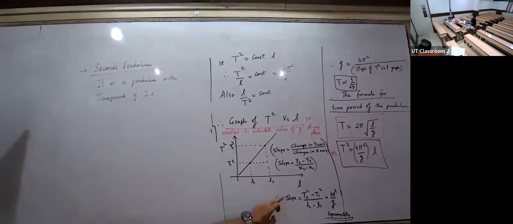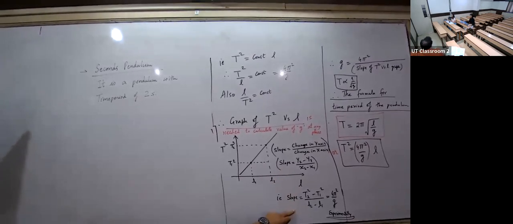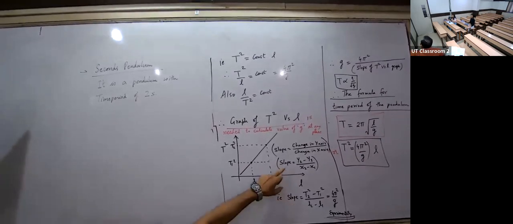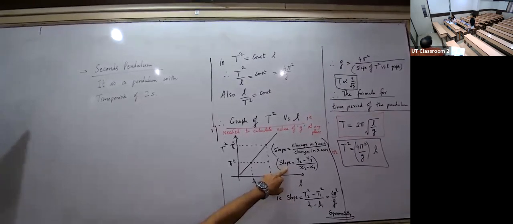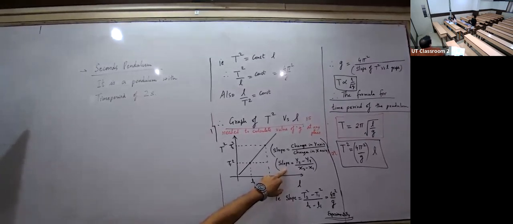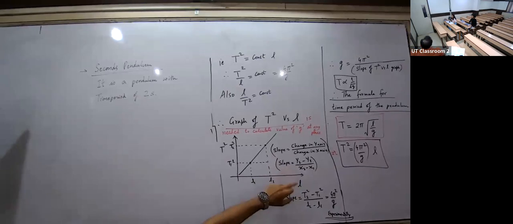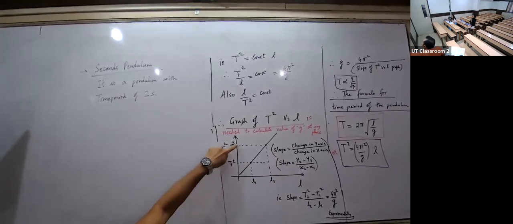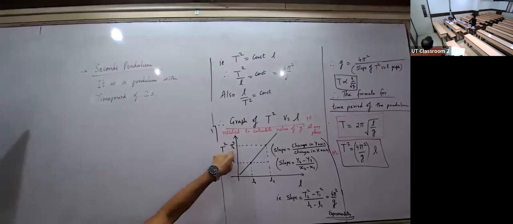Did you understand it? From this, how we got this? This is the definition of slope, which is change in y-axis divided by change in x-axis. How did we get this from here? Because every value on the y-axis is the square of time.